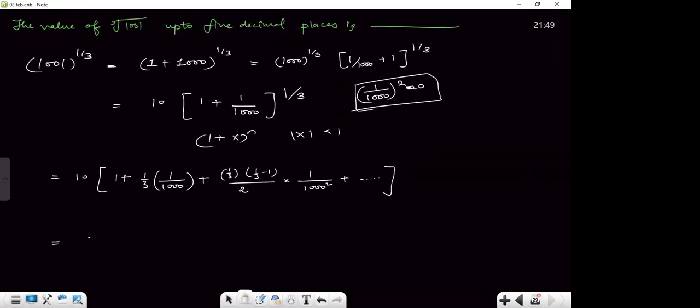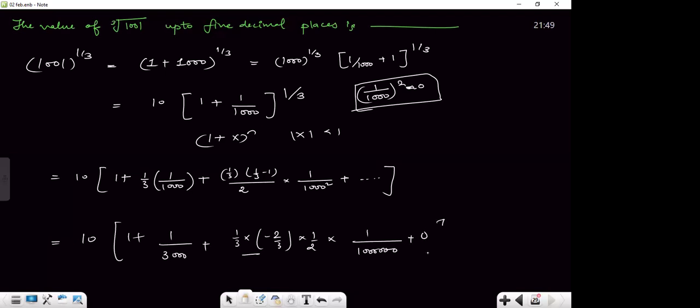Okay. So 10 into 1 plus 1 by 3000 plus 1 by 3 into 1 by 3 minus 1 becomes minus 2 by 3 divided by 2 into 1 by 1000 squared, which is almost 0.